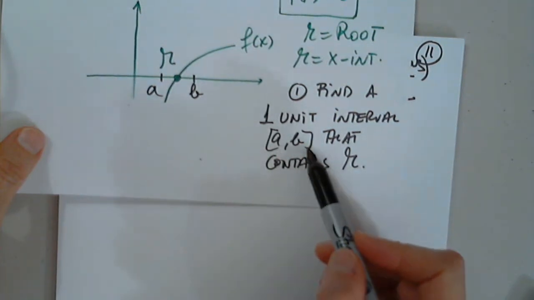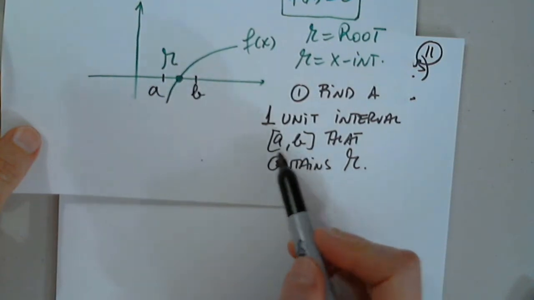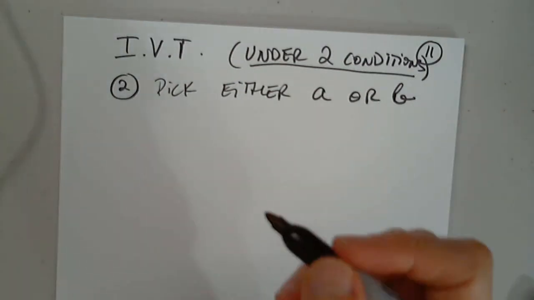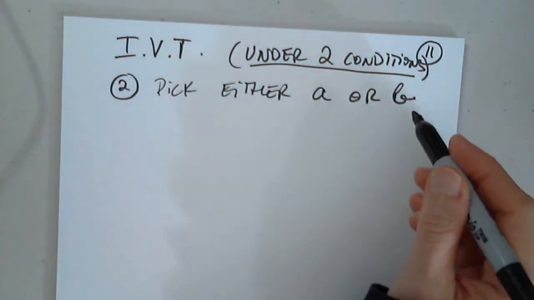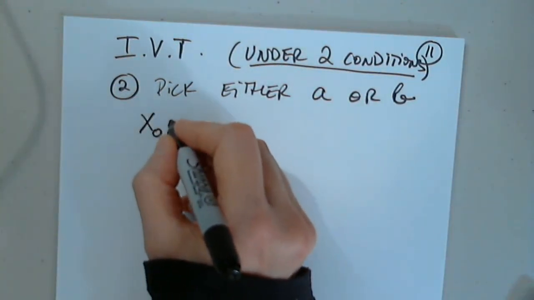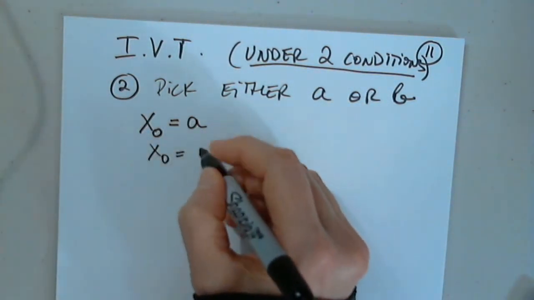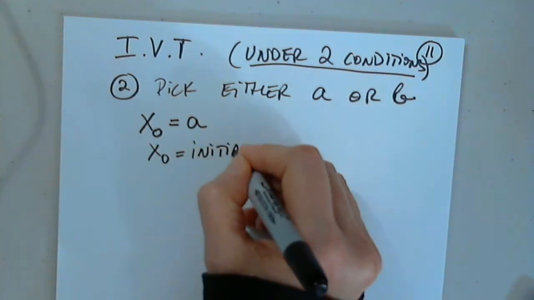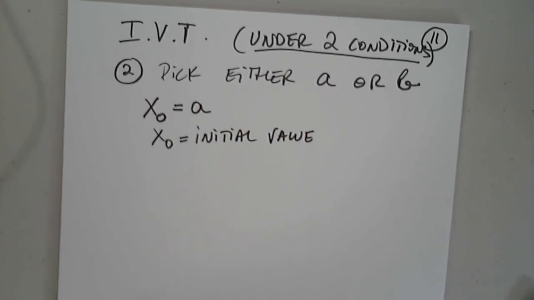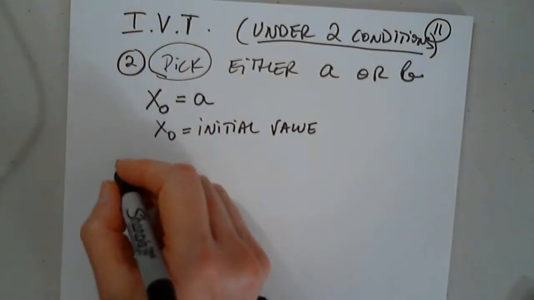I found the interval a comma b, like 2 comma 3, negative 2 comma negative 1, or negative 1 comma 0, a 1-unit interval. Pick either the left end or the right end to consider the first iteration. Let's say I pick a. x sub 0 is the initial value to find the next, or the first, iteration. This is a pick. This is your choice.